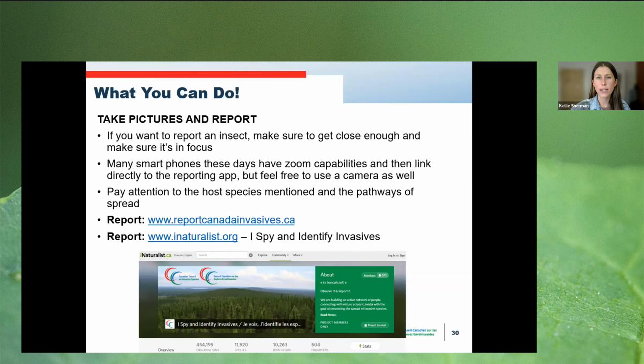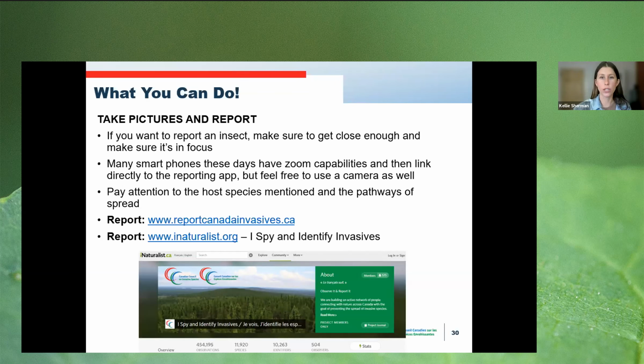But if you want to report an insect and you do see one, again, do your best, try to make sure to get close enough and make sure it's in focus. Many smartphones these days have zoom capabilities and then directly linked to the reporting app like iNaturalist, but feel free to use a camera as well.